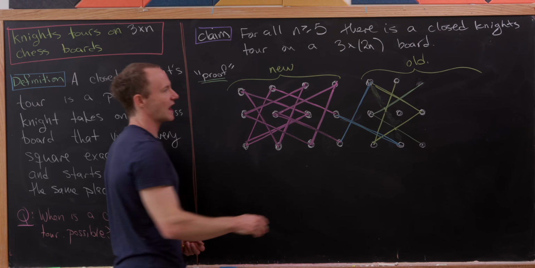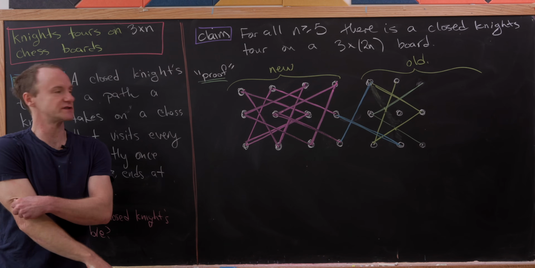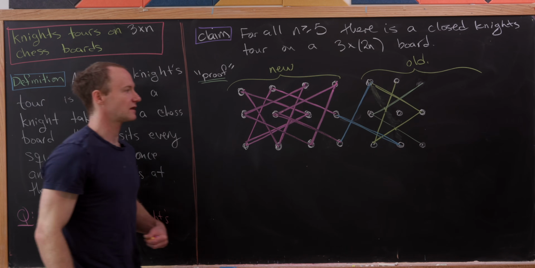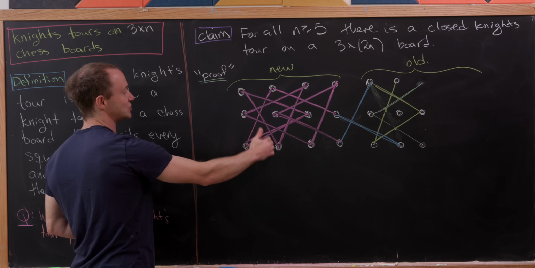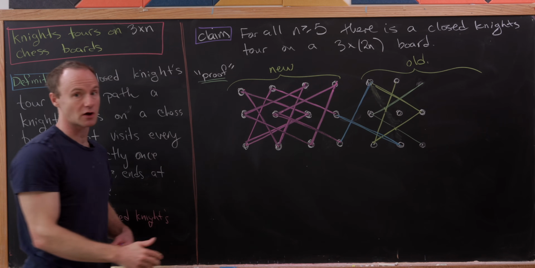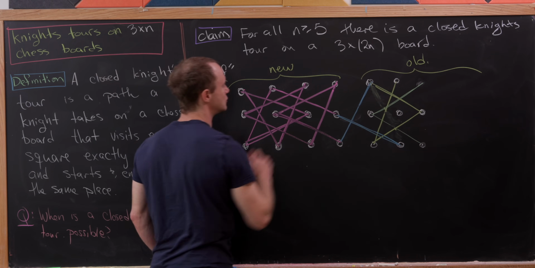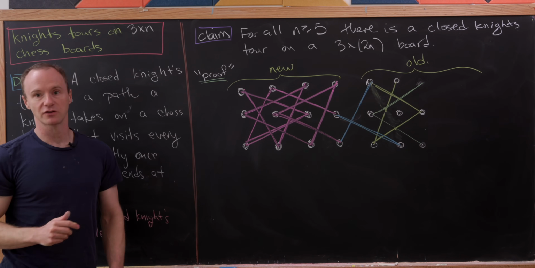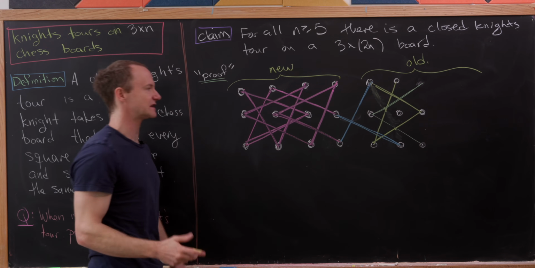So we've got an old tour over here, which we know is a closed Knight's Tour. And then, like I said before, we remove this edge. Observe that this edge is on this new left-hand side, so that's always going to be on the left-hand side. We remove that edge, add these 2 blue edges, and then create a new open tour starting at this vertex and ending at this vertex.